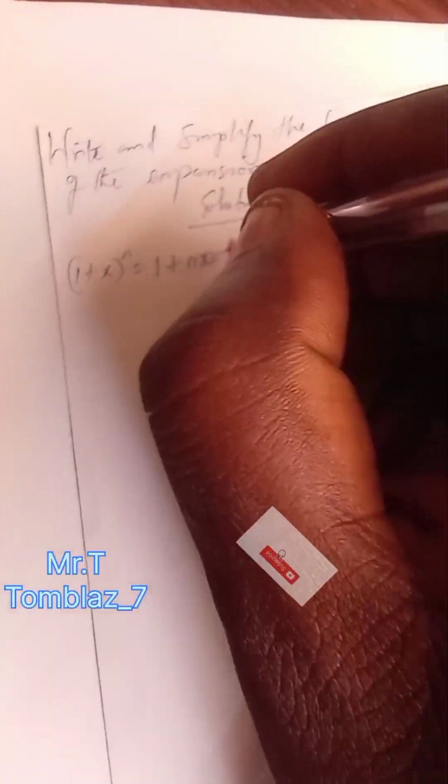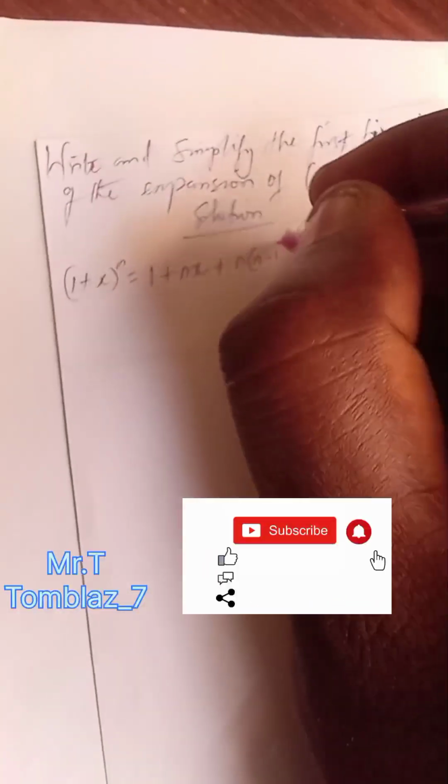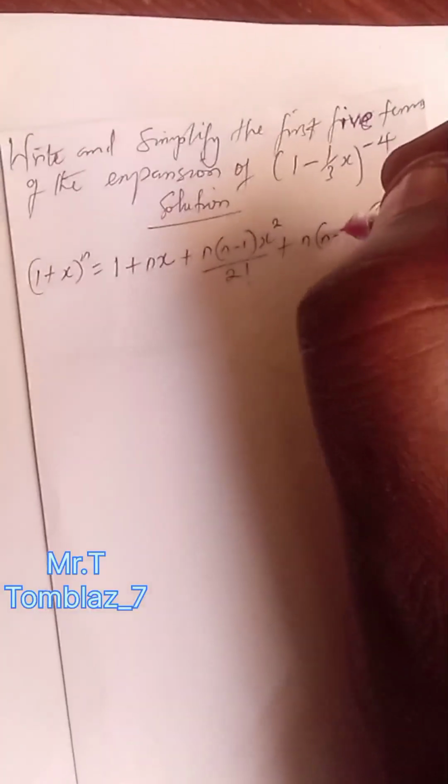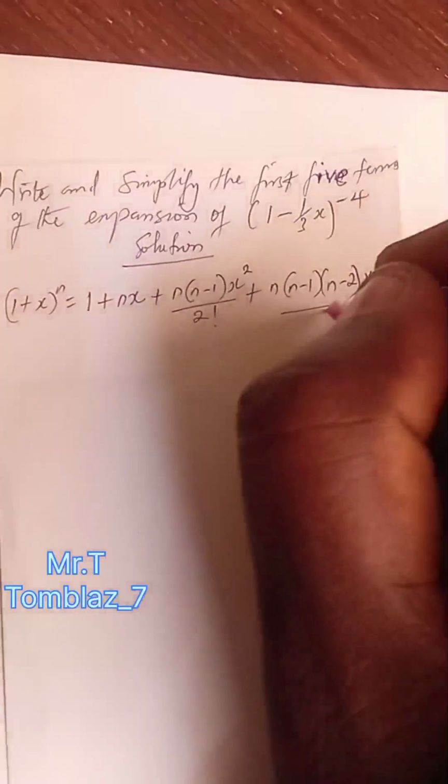The formula says (1 plus x) raised to power n is equal to 1 plus nx. This is the first term. Second term, the third term is n(n minus 1)x raised to the power of 2 over 2 factorial. The fourth term is n(n minus 1)(n minus 2)x raised to the power of 3, all over 3 factorial.